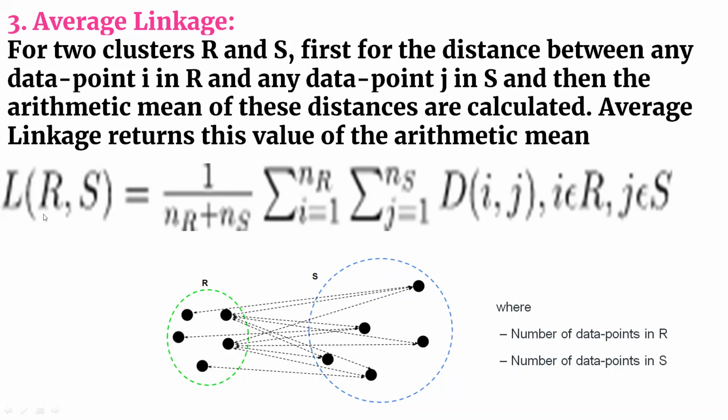L of R comma S is equal to 1 by (n suffix R plus n suffix S), that means the number of elements in cluster R plus the number of elements in cluster S, times the summation of i equals 1 to n suffix R, which is the number of elements in R, and similarly the summation of j equals 1 to n suffix S, which is the number of elements or data points in S, of D of i j, where i belongs to R and j belongs to S. Each and every element is used in the arithmetic mean.